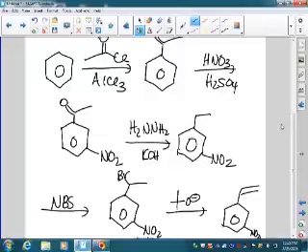Yeah, Clemmensen will work as well as the Wolff-Kishner. Right, it'll reduce the nitro as well.